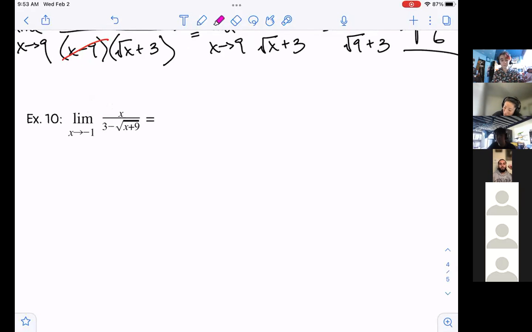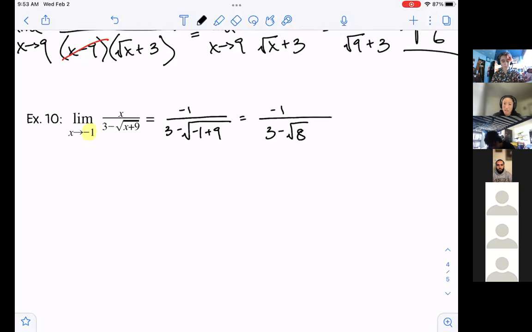That -1 is what we're plugging in because we're asking what happens when x gets close to -1. So I plug in -1 over 3 minus square root of -1 plus 9. I get -1 over 3 minus square root of 8.